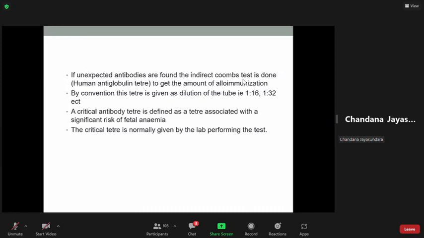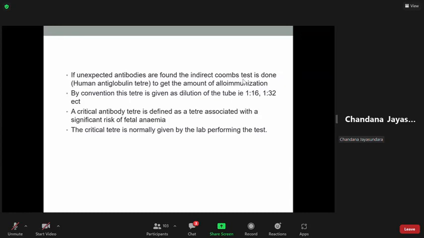When we see a mother with Rh negative blood, we do a test called the unexpected antibody test. So we will know whether there are antibodies that can cross the placenta and damage this Rh positive baby. Now we know that the baby is Rh positive, so the baby can be damaged if these antibodies come. So we have to see how much antibody this mother has.